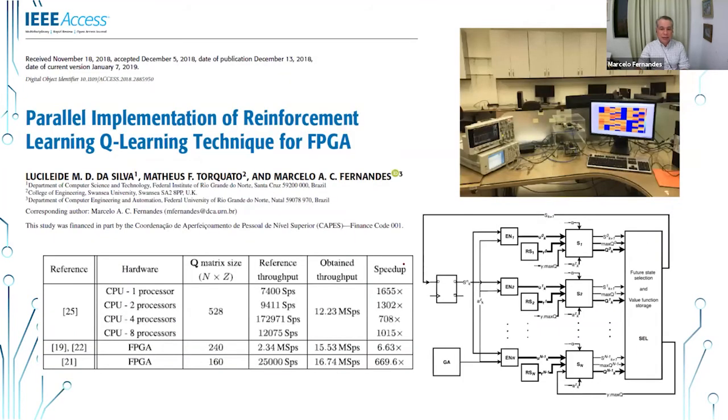In another case, we implemented the Q-learning algorithm, reinforcement learning with Q-learning, in hardware, in FPGA. Here is the FPGA. Our work has a large speedup when we compare it with other works in the literature using reinforcement learning.